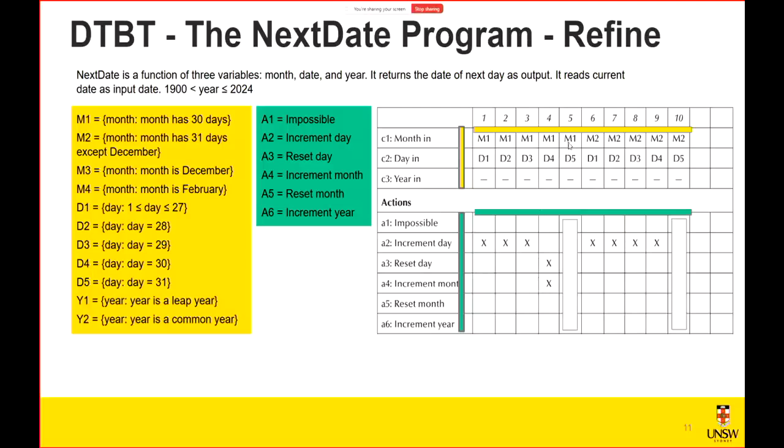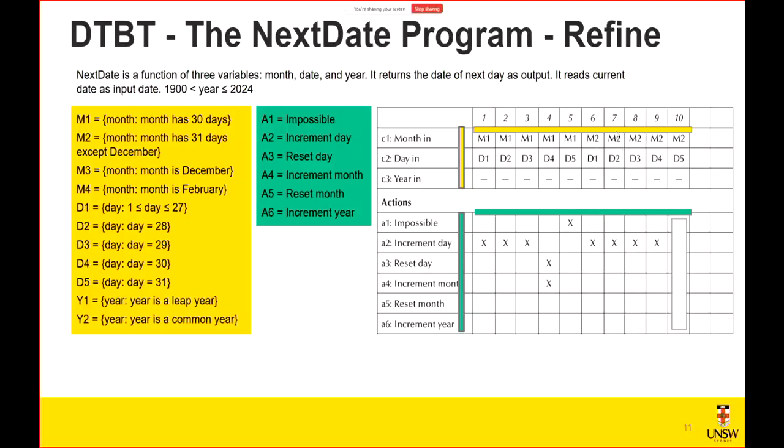And let's consider if the month has 30 days and the day is the 31st day. What is the action here, in rule number 5? Yes, that's impossible, because that month has 30 days. We can't be on day 31 for that month, so it's impossible.